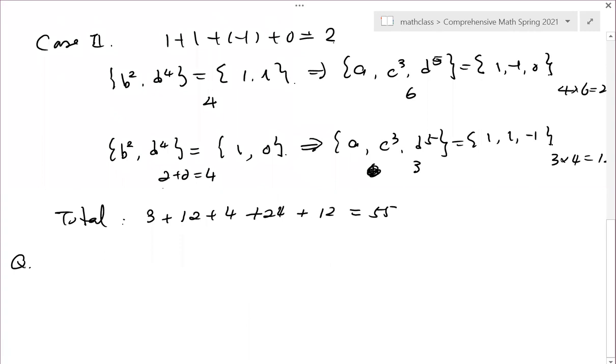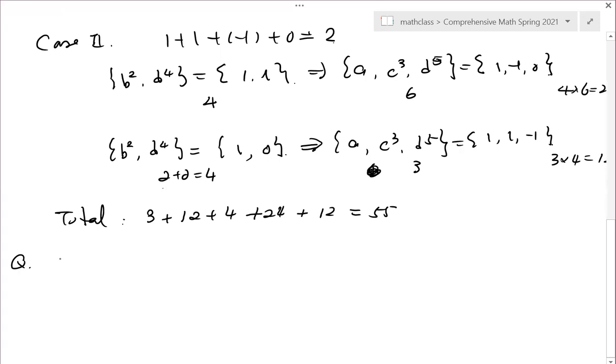My next problem I want to do, let's have a slightly easier one.